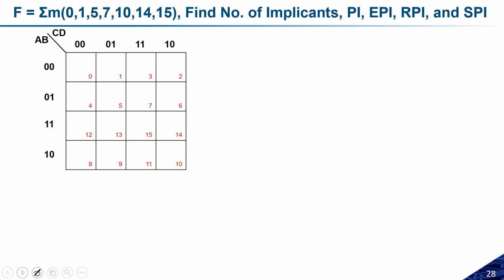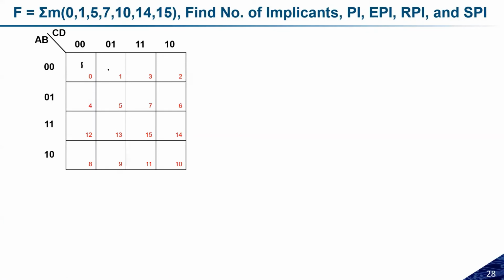First, suppose the terms which are given like 0. So here I need to keep 1, 1, 5, 7. Let me keep it in a different color so that it will help you. Okay.